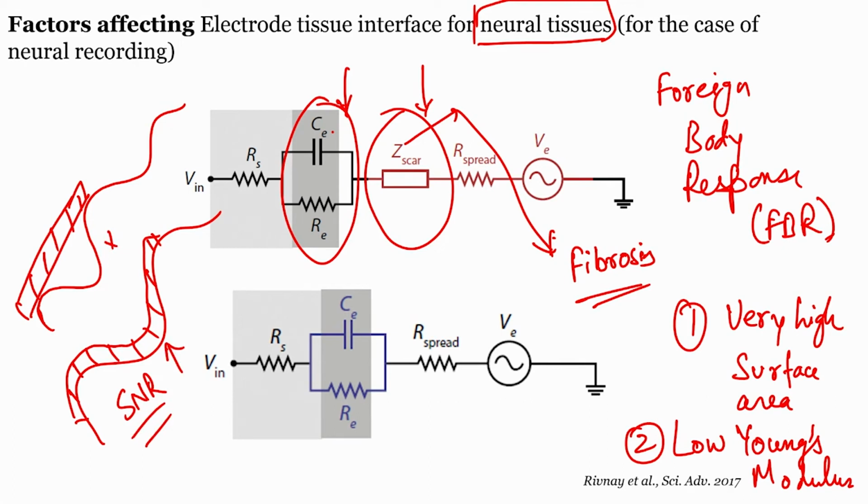Also, if you have a very stiff material acting as an electrode, because body tissues have Young's modulus around 10 kilopascals, this is a very general value.